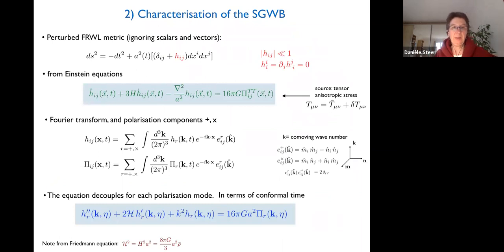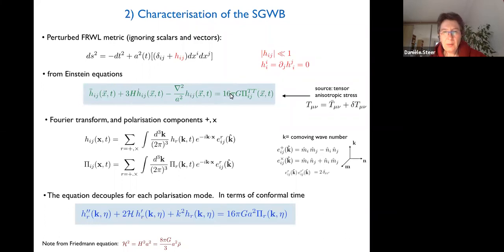Okay, so we have a stochastic gravitational wave background. Now I want to characterize it. We already saw some of this last time. If we perturb the Friedmann-Robertson-Walker-Lemaitre metric, ignoring vectors and scalars, then we're talking about the gravitational wave perturbation h_ij, which should be transverse and traceless. From the Einstein equations, it satisfies a damped wave equation, with damping from the Hubble expansion.